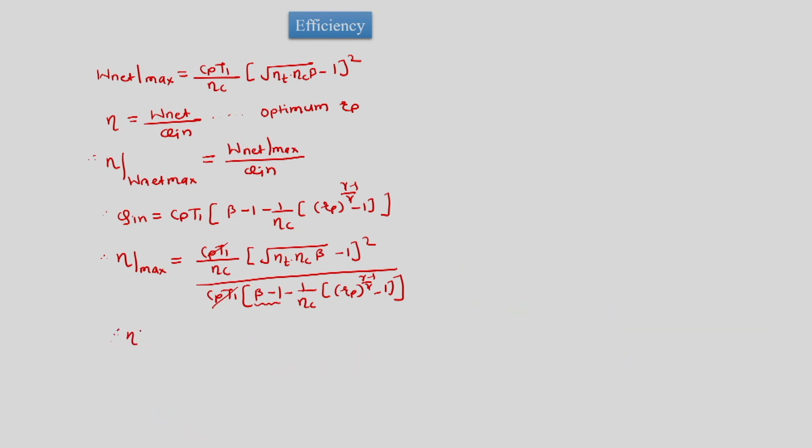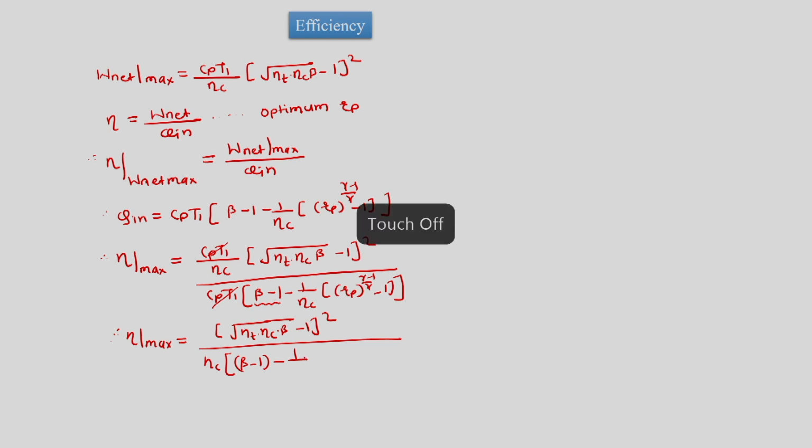So this leads to the efficiency corresponding to maximum work as square root of eta T eta C beta minus 1 square, and this 1 upon eta C will come down and we have beta minus 1 minus 1 upon eta C into bracket square root of eta T eta C beta minus 1. So, this is the formula.